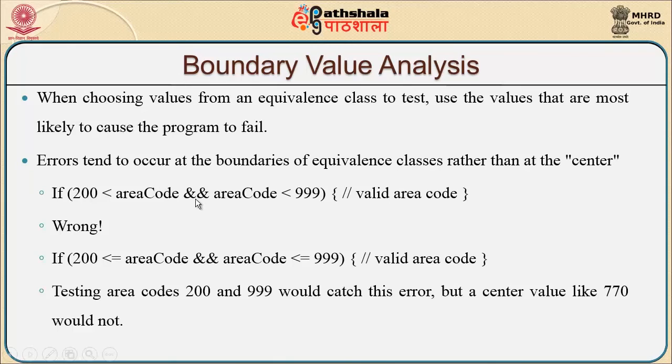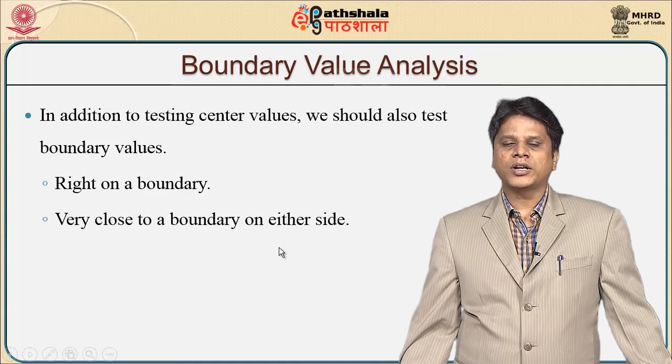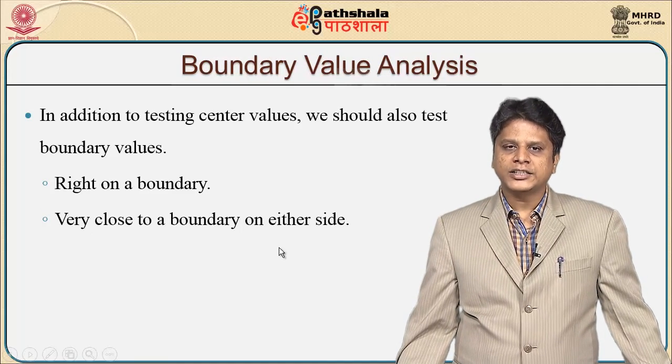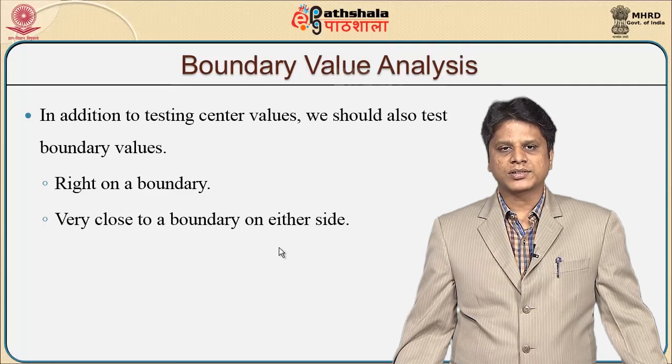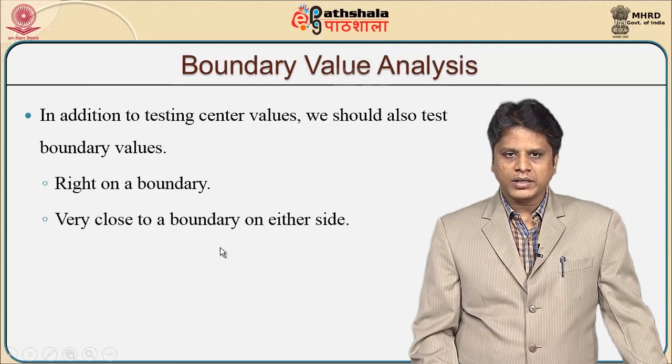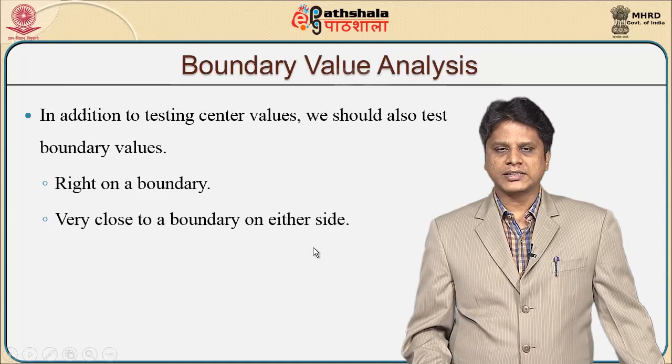So 770 responds fine, but it is our responsibility to check for the lowest boundary and the next boundary value, and here also it is a responsibility to check for the higher boundary and the previous boundary value. So boundary value analysis adds to the test of center values, where we should test the boundaries right on a boundary, very close to the boundary on either side.